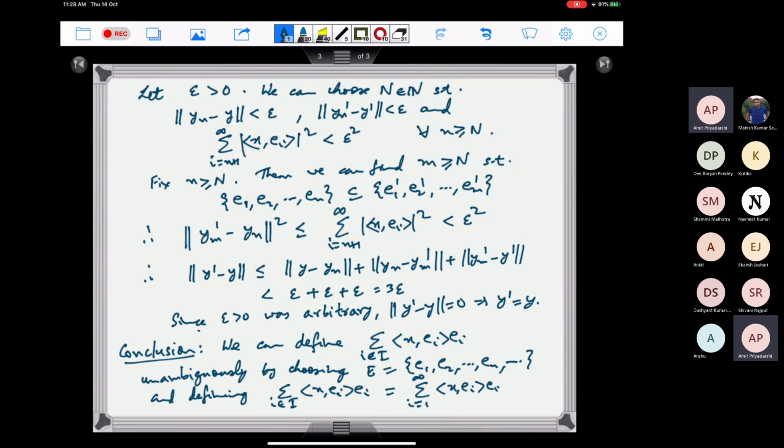We can define this summation of (x, e_i) e_i, i in I, and this is a vector in H, if we assume that it is a Hilbert space.